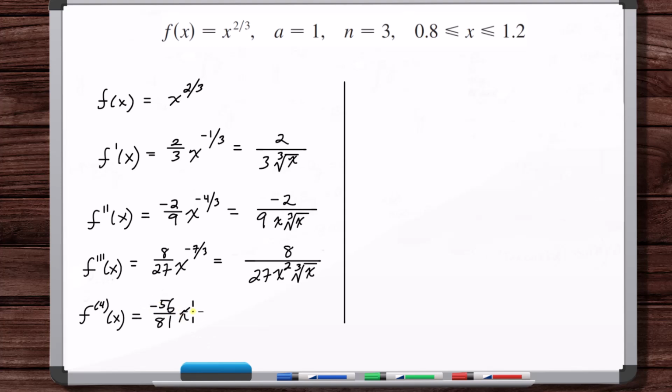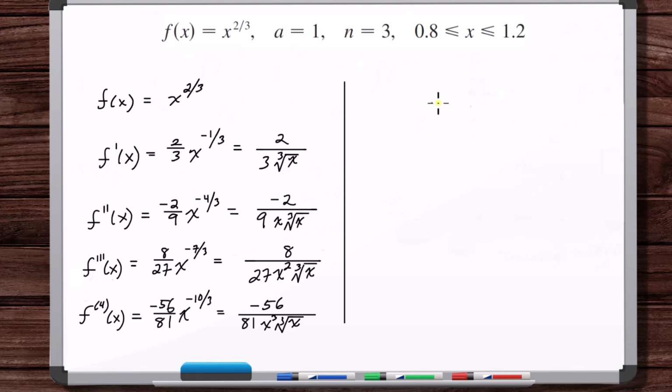Minus 7/3 minus 3 over 3 is minus 10/3. x to the 10th, we could take out an x cubed, so that's going to be 81 x cubed times the cube root of x, and then minus 56.